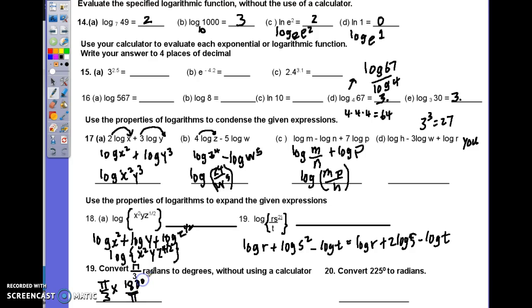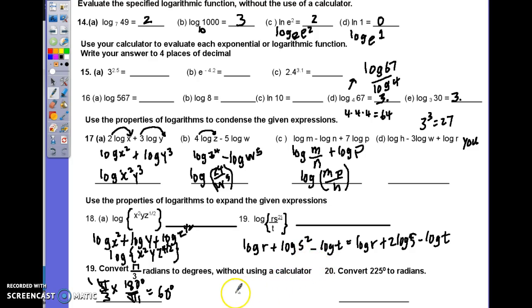This is degrees, so when we're going to degrees, the degrees are on top with the conversion factor. It's going to be fairly easy for you, because now we can cancel this out. Pi goes into pi once, pi goes into pi once. And we have 180 divided by 3. 3 goes into 18 6 times, and 3 goes into 0, 0. That's 60 degrees. So pi over 3 is 60 degrees.